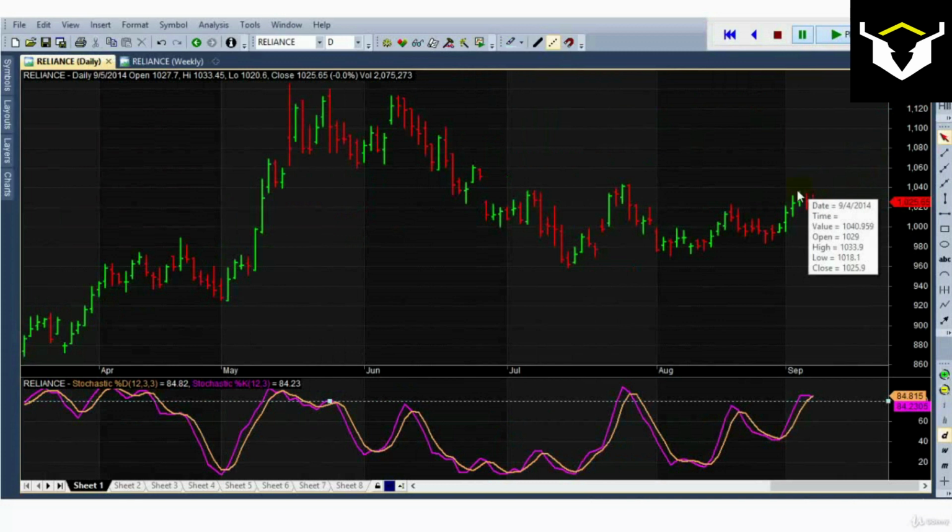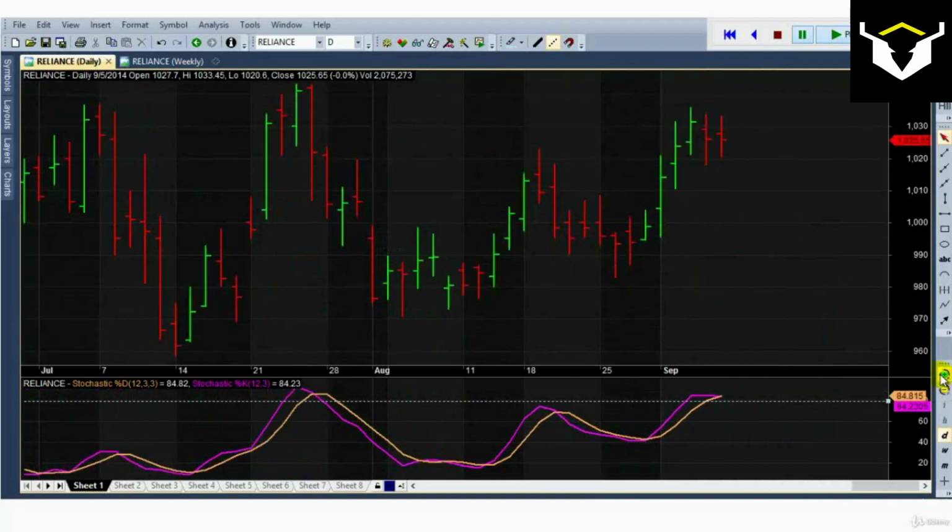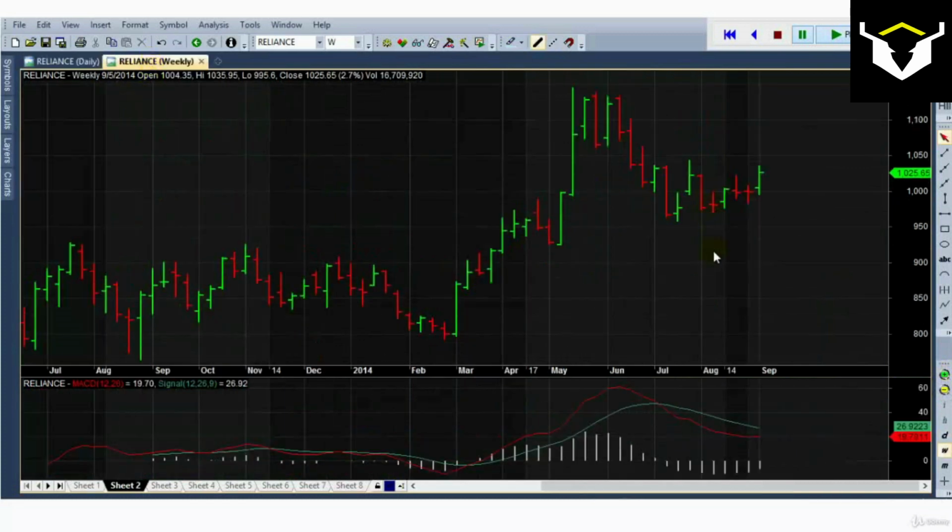Our next chart is Reliance Industries. As of the last bar, oscillator has reached overbought zone, suggesting that the upward momentum has ended. Weekly Reliance chart favors the bearish side.